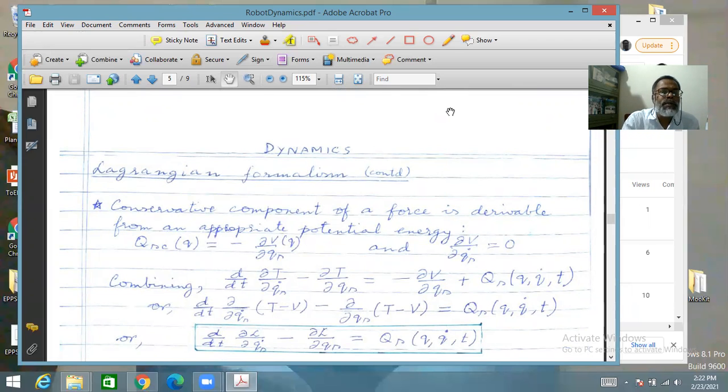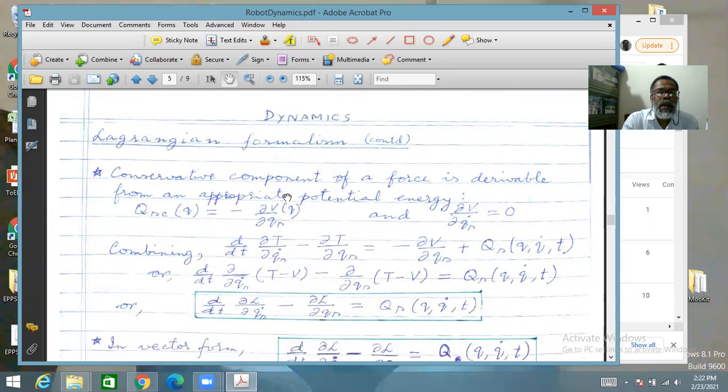Okay, so QS conservative part is equal to the negative of del V by del QS, where V is a function of Q, potential energy, only position, no velocities. Okay. So potential energy is the energy of the body or system that is possessed due to its position. Okay. And therefore, del V by del QS dot will be 0 because it does not depend upon velocities.